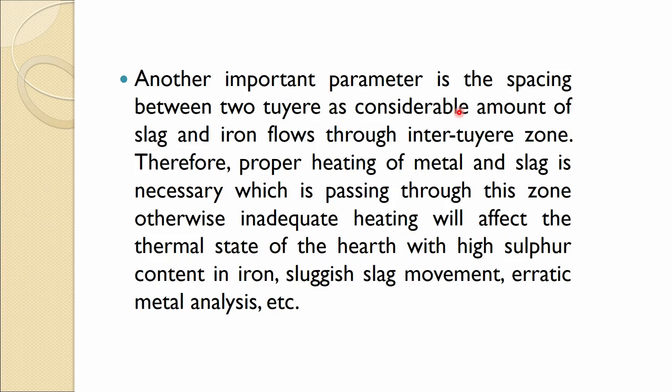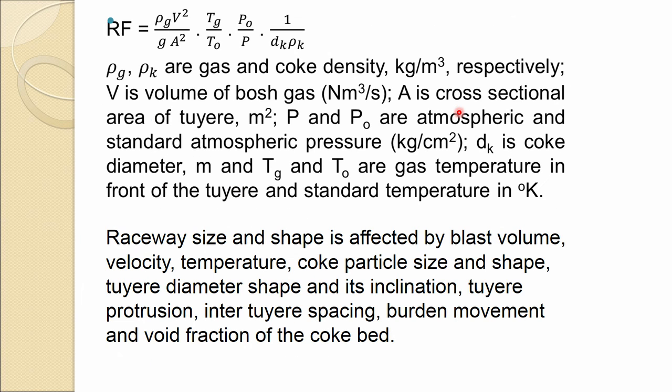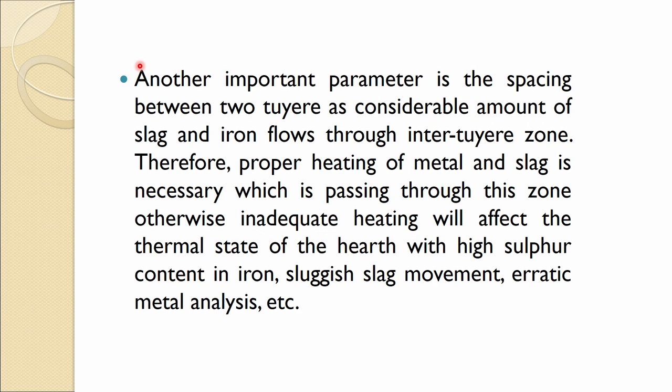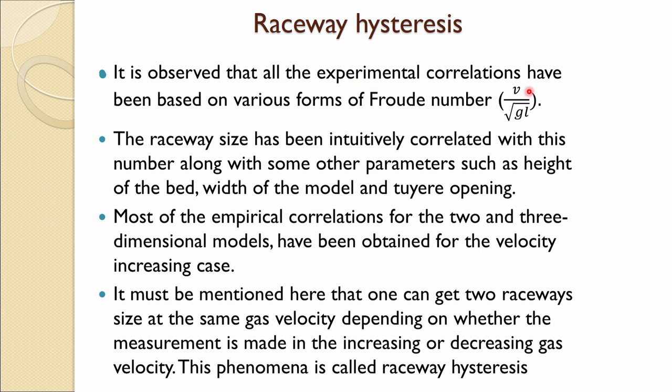Even the previous one which we showed is also a Froude number, V squared over g L. So, most of this has been based on the Froude number, where V is the velocity, g the acceleration, and L the characteristic length. The raceway size has been intuitively correlated with this number along with other parameters such as height of the bed, width of the model and tuyere opening.